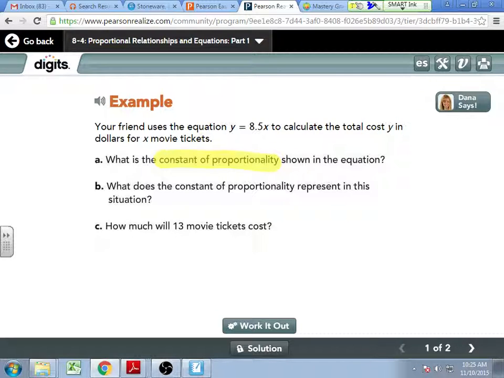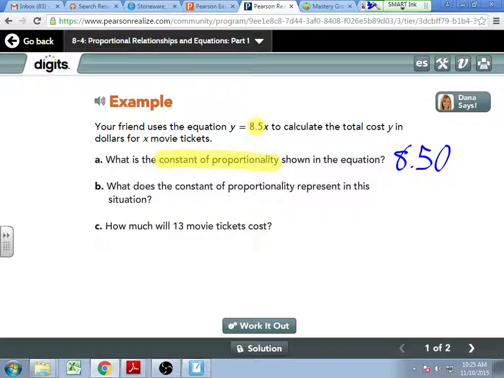Grace? 8.5. Your constant of proportionality is just whatever multiplies by x. So it is just 8.5. But since it's money, I'd prefer that you put 8.50, because part B asks what that represents.